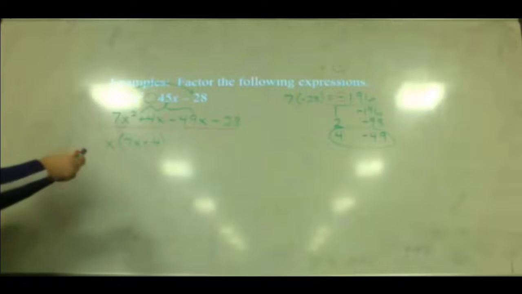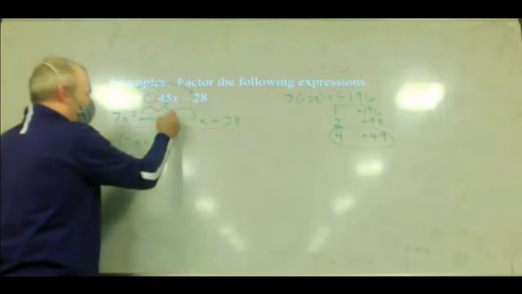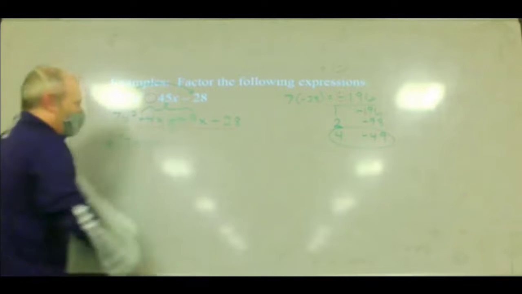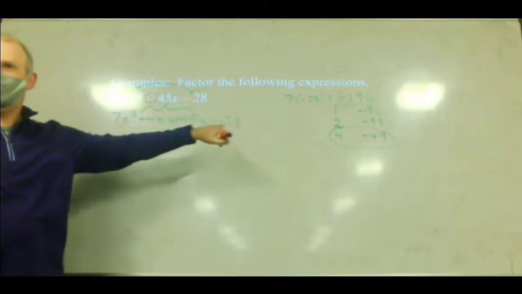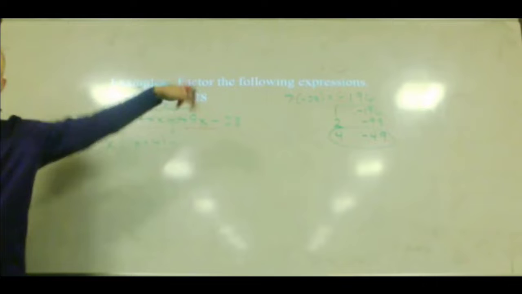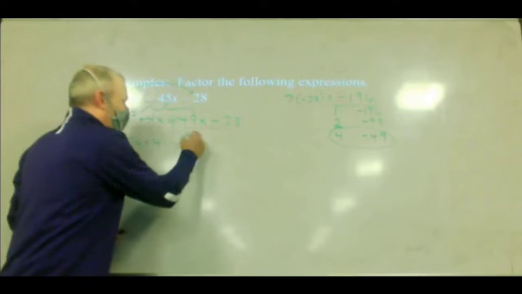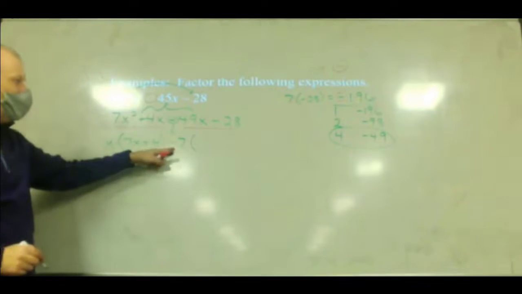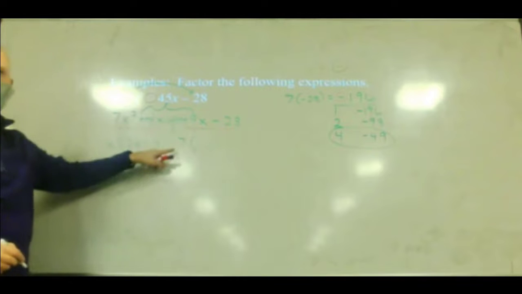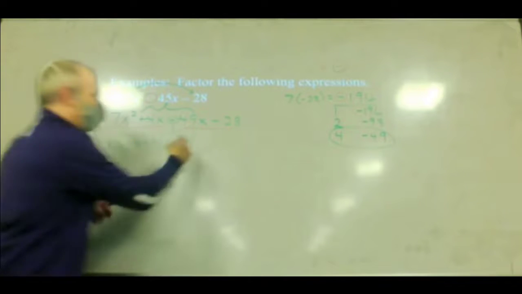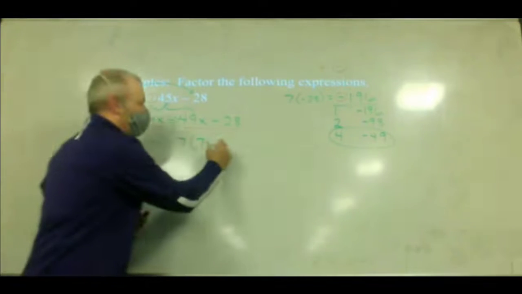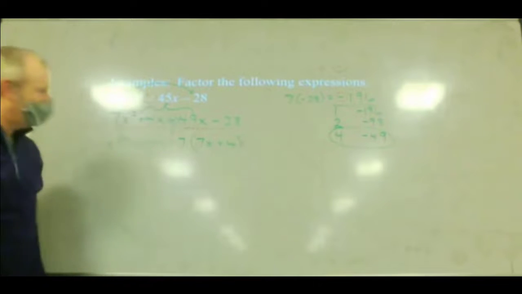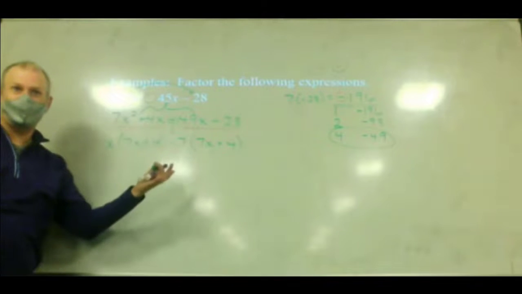All right, then remember we have to factor out the negative if it's here. And then what else can we factor out of both of these? 7. So our negative 7 is in the second one. And after we factor out the negative 7, what will we have left in this first term? Positive 7x. And then negative 28 divided by negative 7 is plus 4. And again, these should match up, so we kind of have a head start.